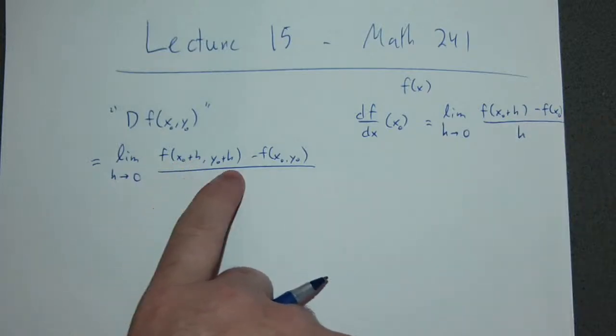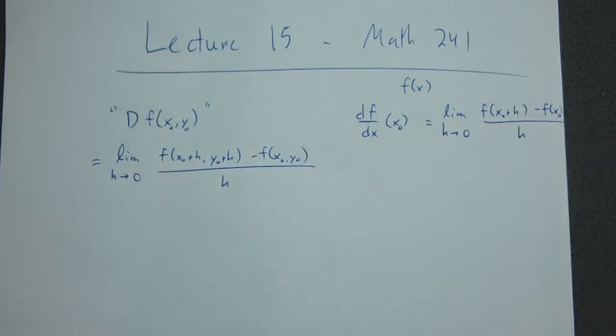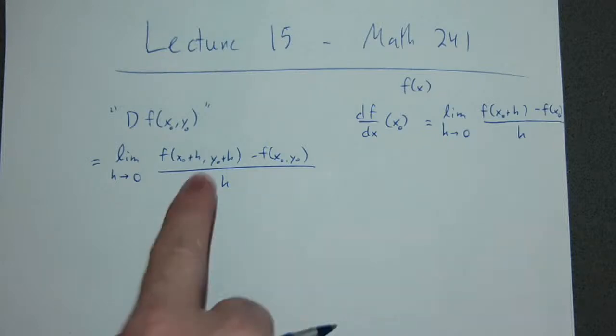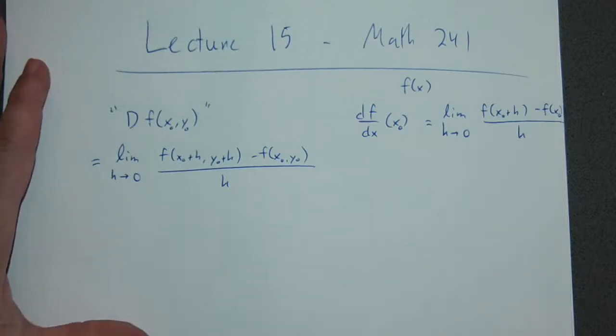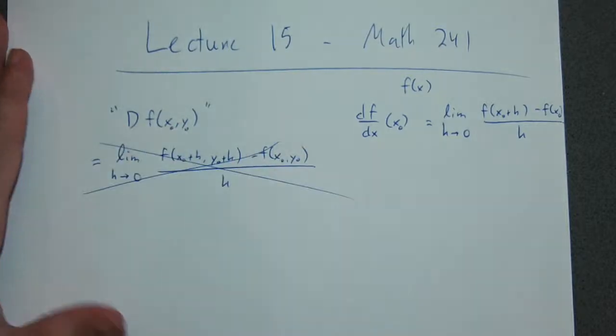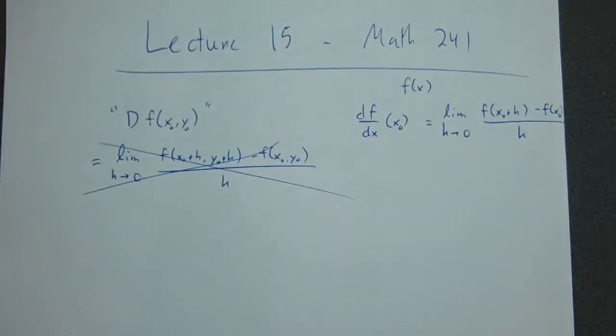It's just now we have an h that we're adding in each slot. But this doesn't work. Doing it this way doesn't give you the thing that you think it does. We'll see later how this is actually close to what we want to do, but we can't do it directly like this.